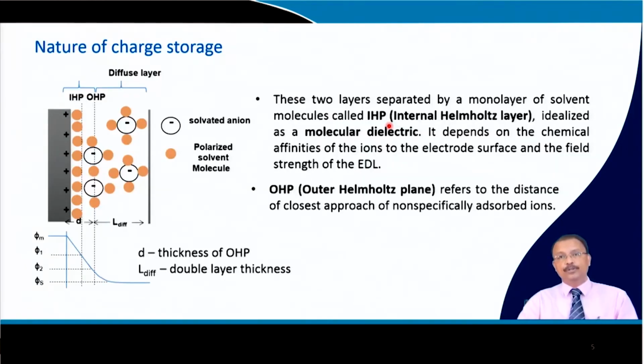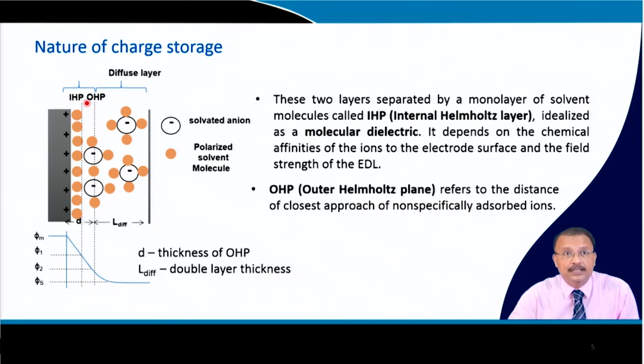So, if you look at it, there are different models for how a supercapacitor actually stores charge, and this is the latest one. It evolves over time. Initially it was just the adherence of charge, but later people described that two distinct layers are formed.